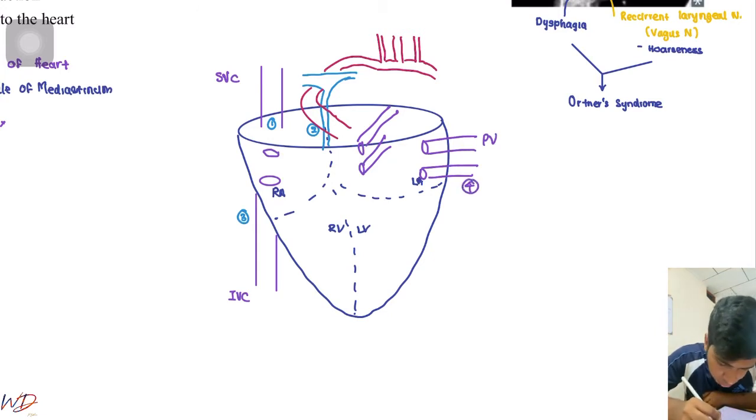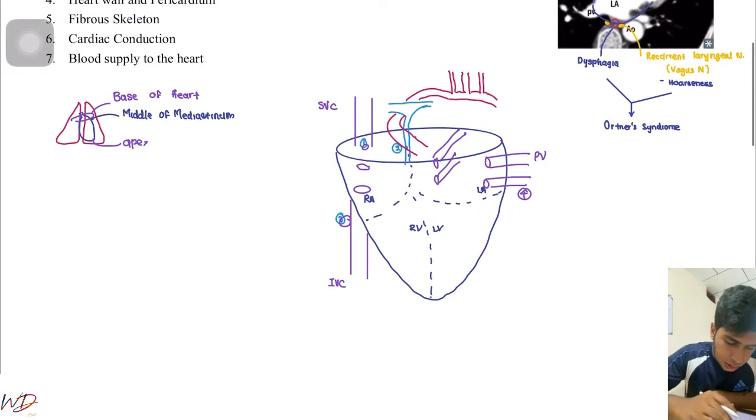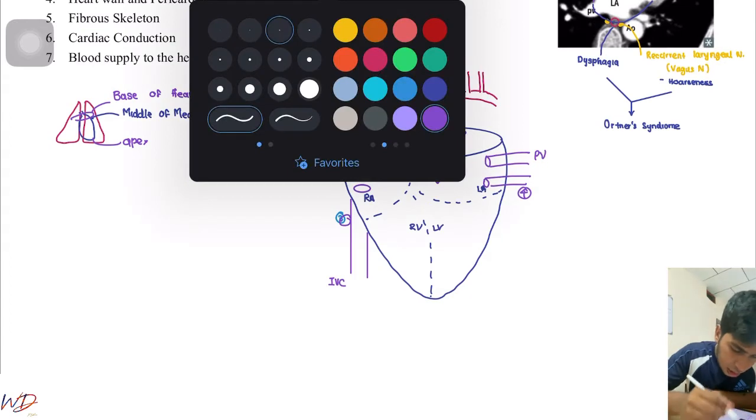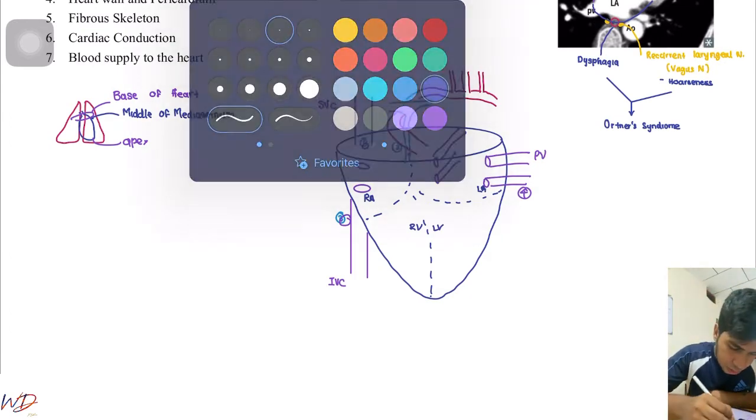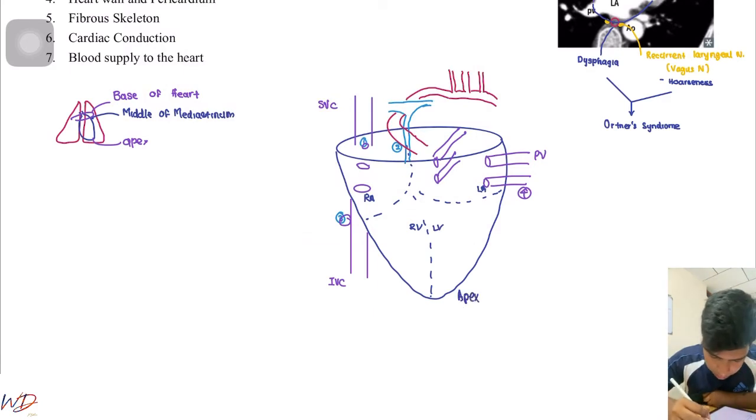So that's a total of 2 plus 1 plus 1 plus 4, total 8 vessels entering and leaving the heart. Next, I want to talk about the apex. So like I said, this is the apex, this is the base of the heart.